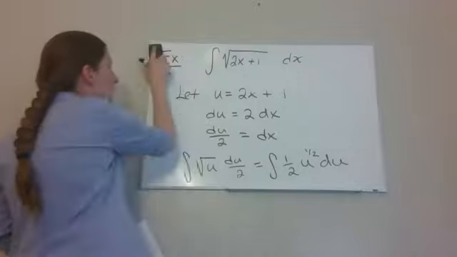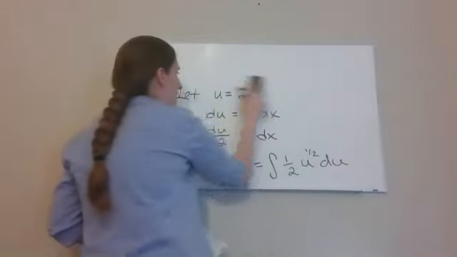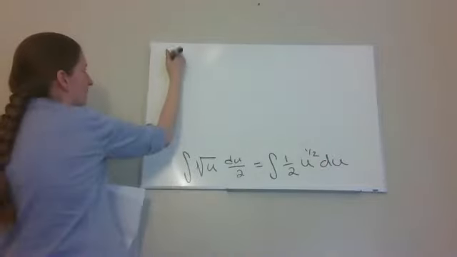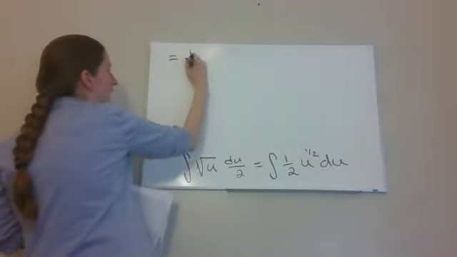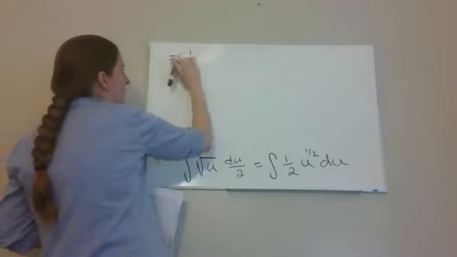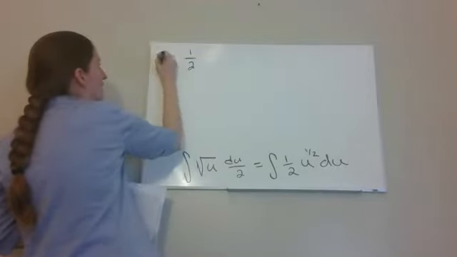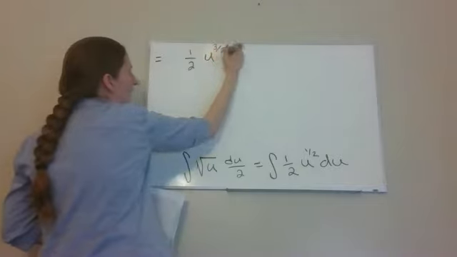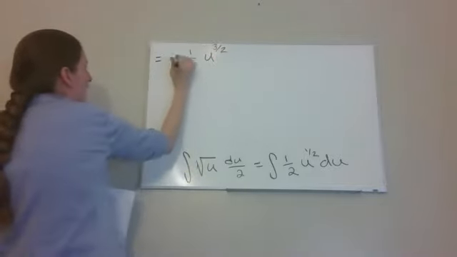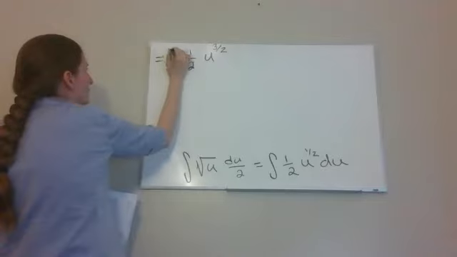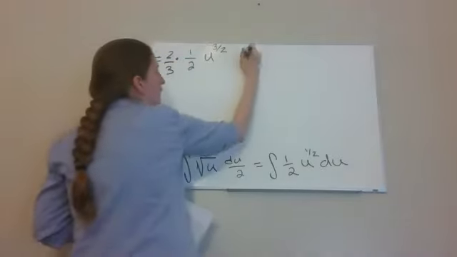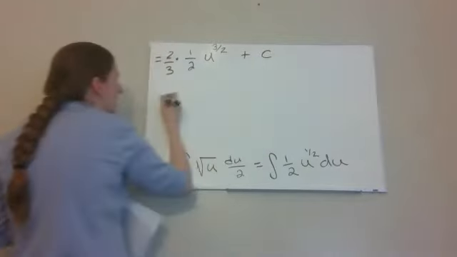Remember, the power rule says add 1 to the exponent, divide by the new exponent. So I still have my 1/2 here, and I add 1 to my exponent, so I get 3/2. And I divide by that 3/2, which is the same thing as multiplying by the reciprocal, 2/3. Then don't forget your plus c.